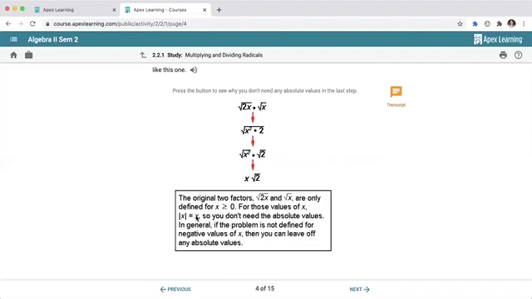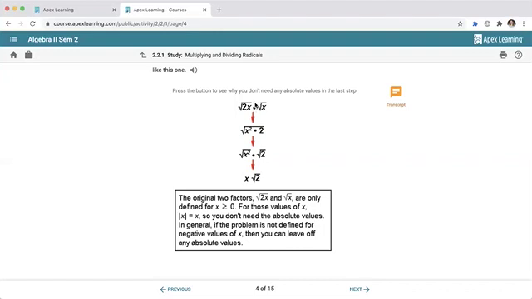It has to be positive, because right now I don't know how to take the square root of a negative number, at this moment. So these factors only work for values that are positive.